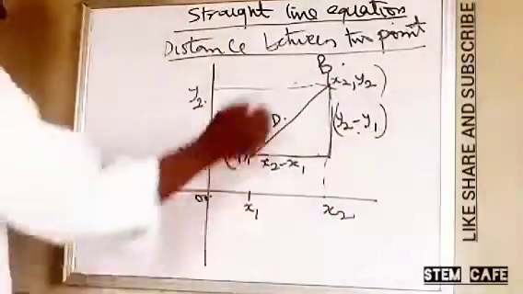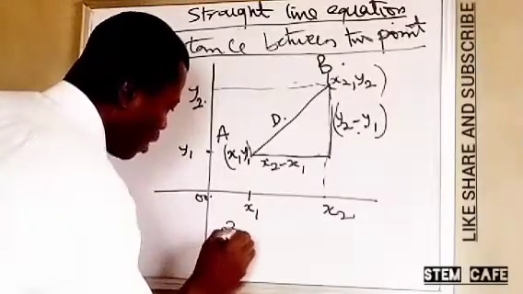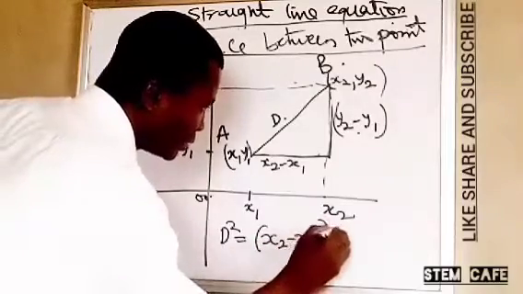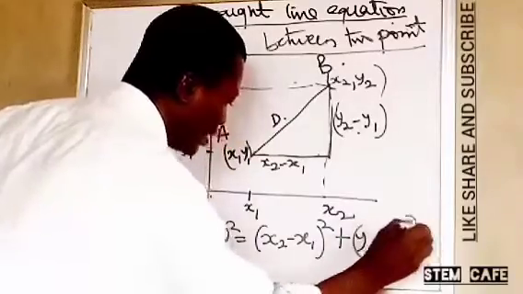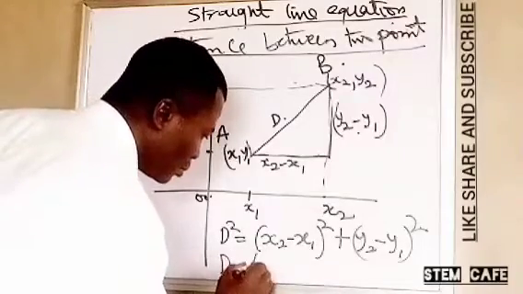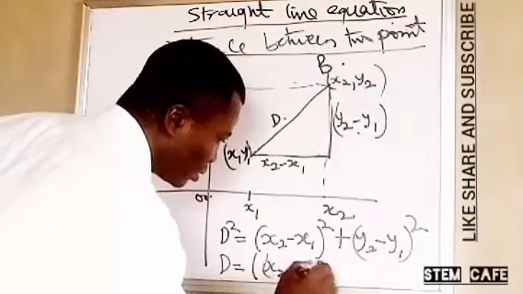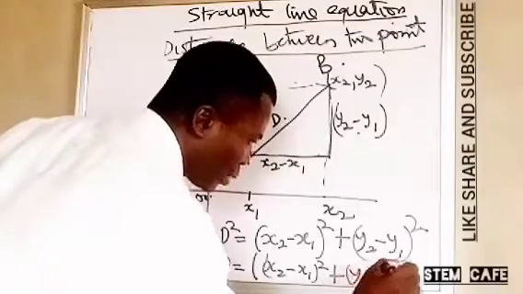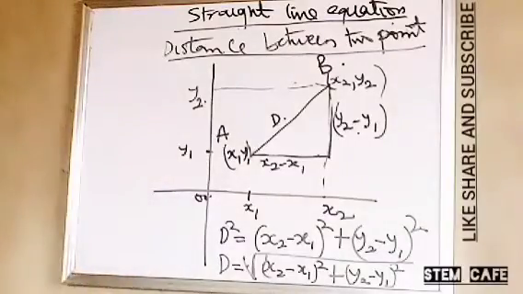Now, using Pythagoras theorem, D squared will be equal to (x2 minus x1) squared plus (y2 minus y1) squared. So D will be equal to the square root of (x2 minus x1) squared plus (y2 minus y1) squared. That's the distance between 2 points.